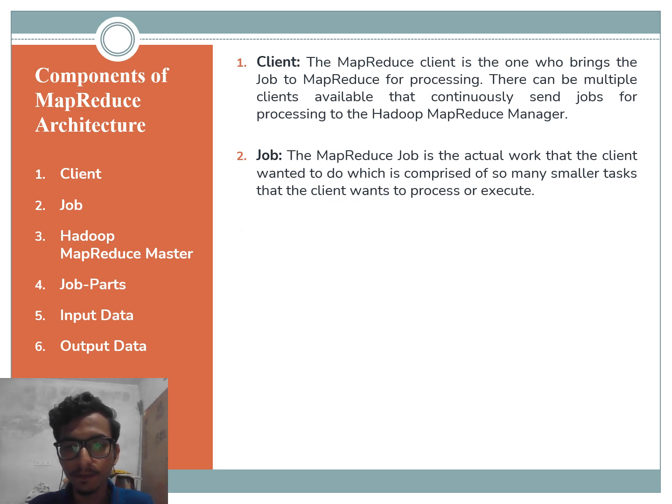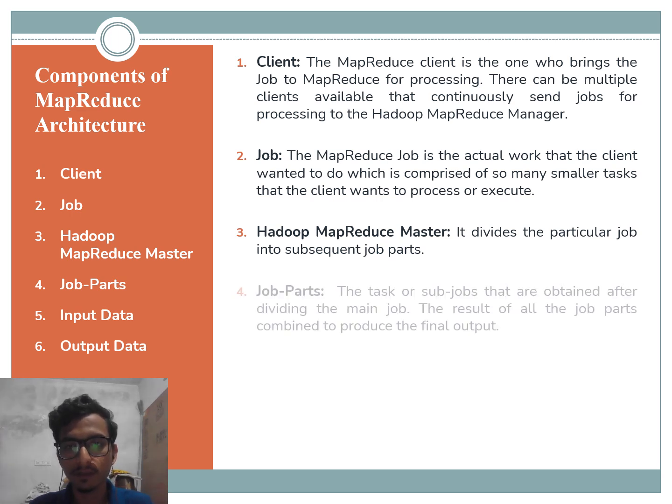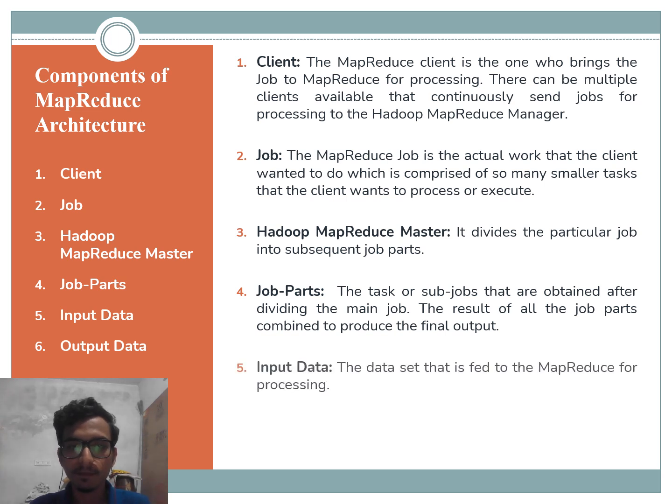We will see what these small tasks are later. The Hadoop MapReduce master divides the particular job into subsequent job parts. Job parts are obtained after dividing the main job. The results of all job parts are combined to produce the final output. Then there are the input data and the output data.